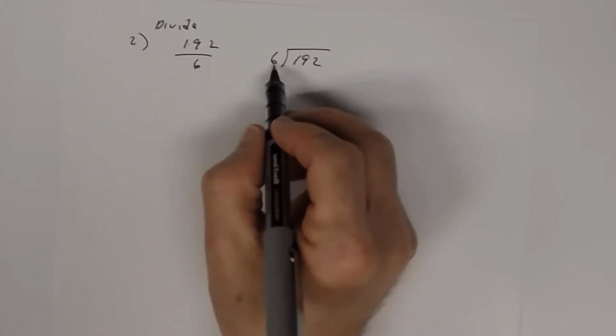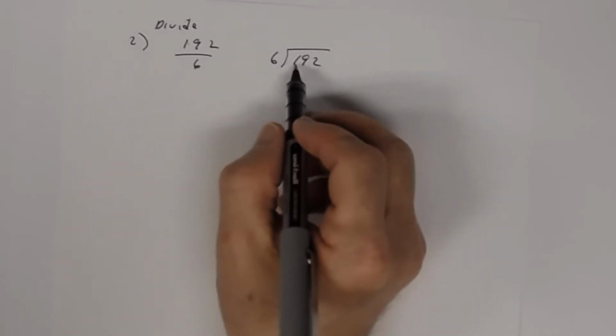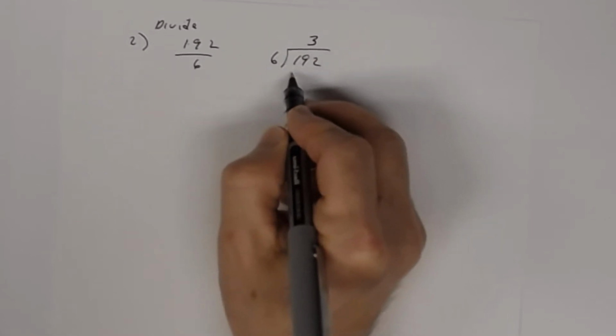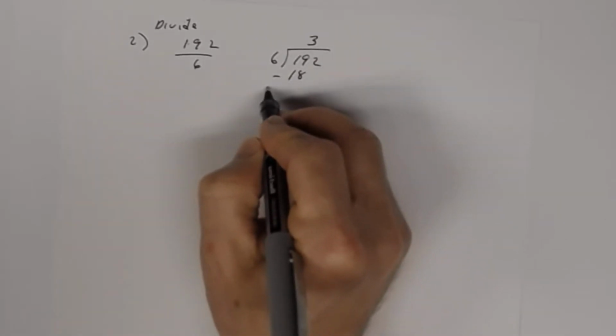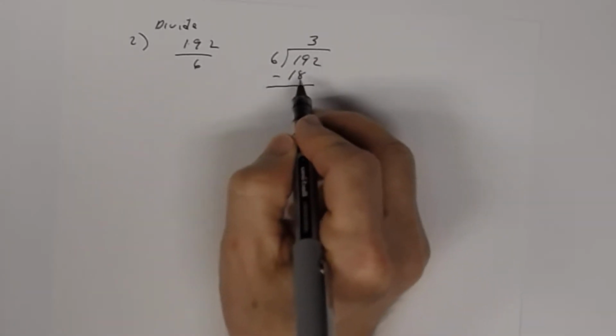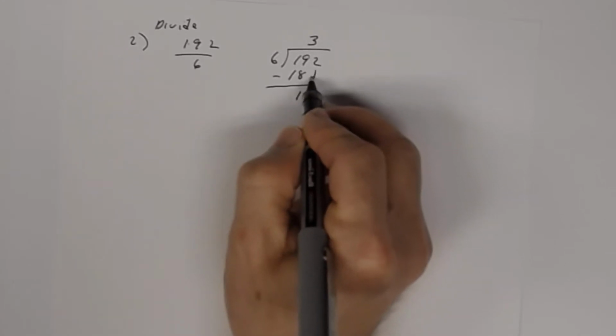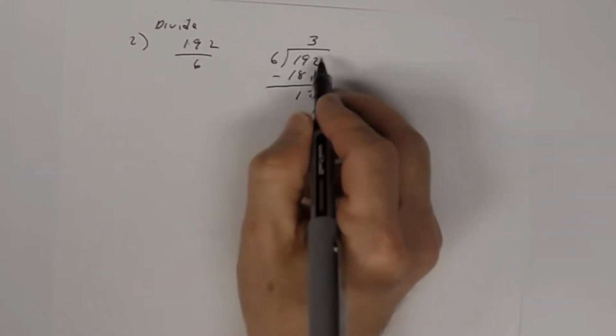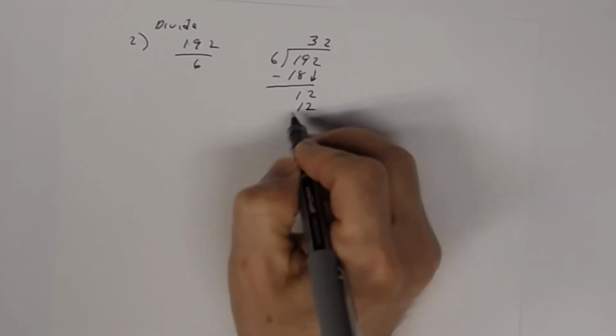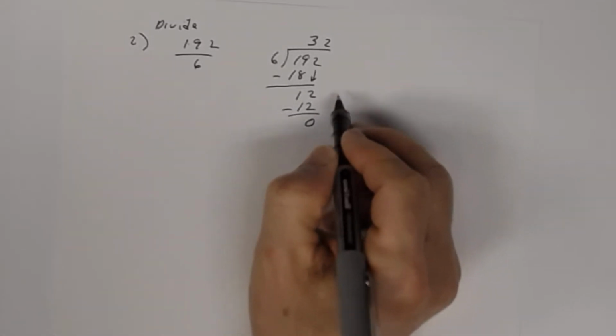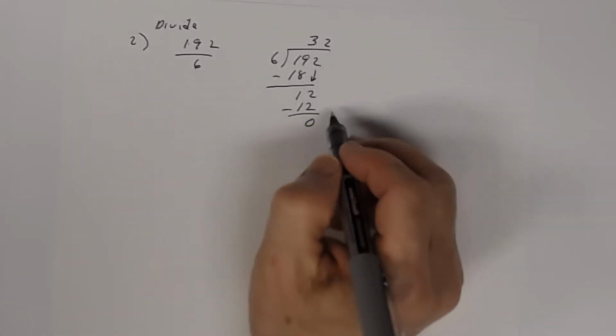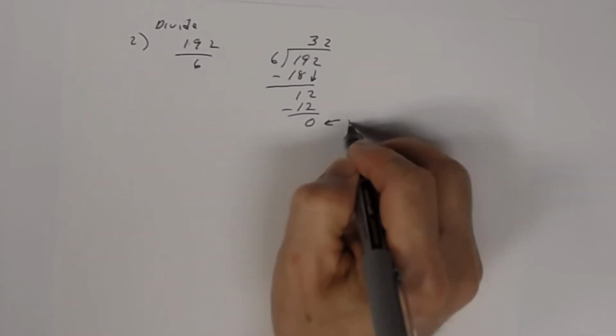And remember what we did there, we said 6 into 19 is 3. 3 times 6 is 18, and then we subtract. 19 minus 18 is 1, and then bring down the 2. 6 into 12 is 2. 2 times 6 is 12, and when I subtract, I get 0. And notice there are no other terms to bring down, right? So 0 is our remainder.